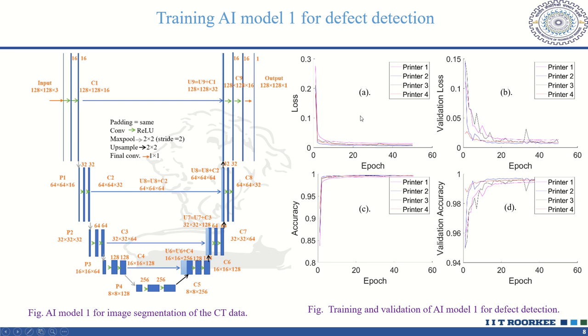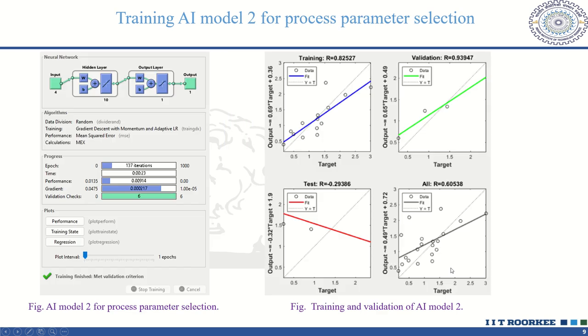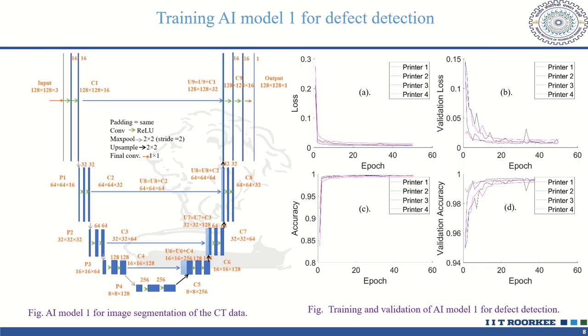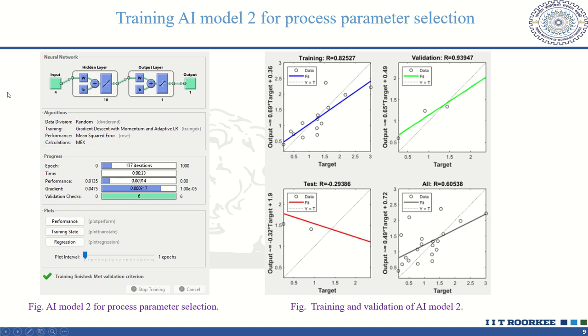The training accuracy of the trained AI model is found to be 98% for the different samples printed from the different printers. And then the segmented ROI data obtained from this AI model 1 is used for the quantification of the structural parameter, that is the porosity.